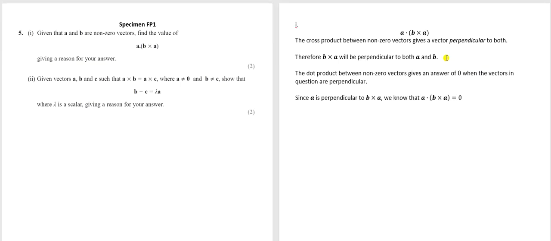Just the scalar 0. This is the dot product that's being applied. So A is a vector, B cross A is a vector, but A dot B cross A is just a scalar. It's the scalar product or the dot product giving an answer of 0.